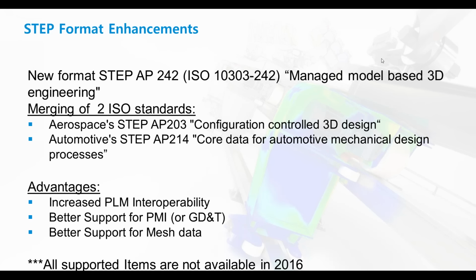Some of the things that are underlying this new format is that it has some great advantages where it has increased support for PLM interoperability, better support for PMI or geometric dimensioning and tolerancing, and it has support for mesh data. Now, in 2016, you're not going to see these advantages come to fruition, but this is kind of setting the foundation for future efforts.